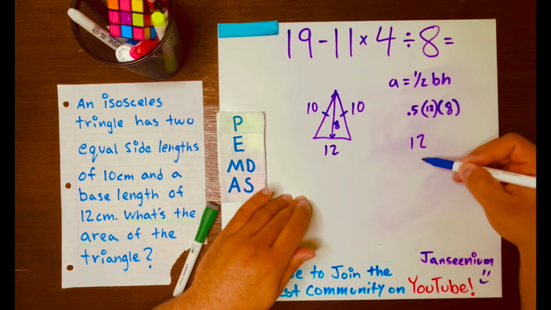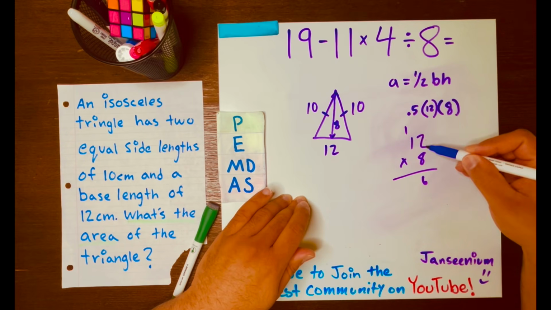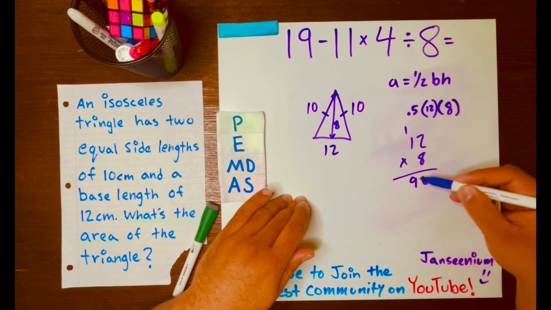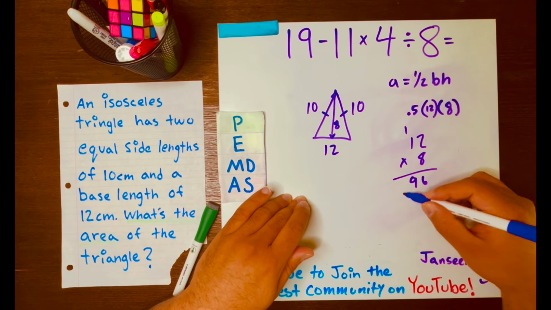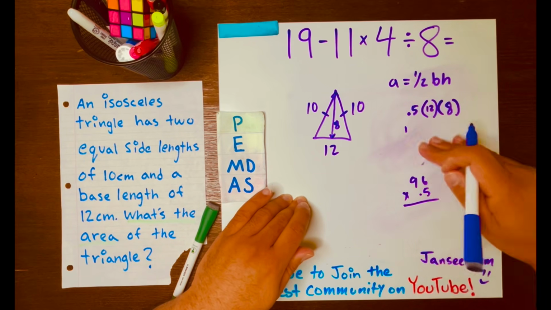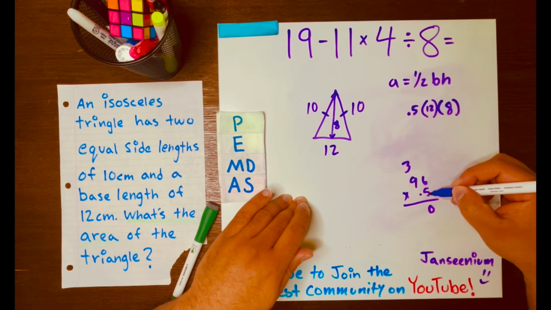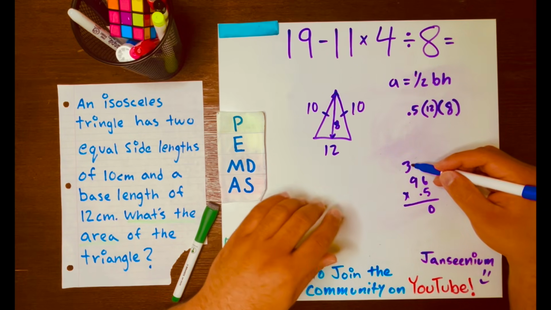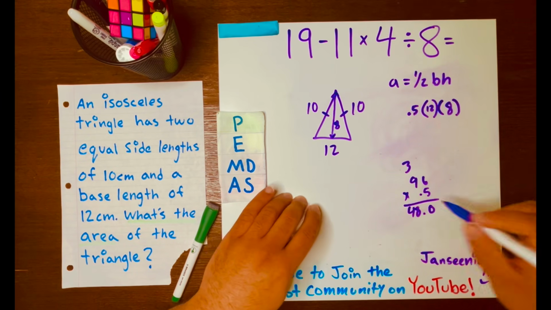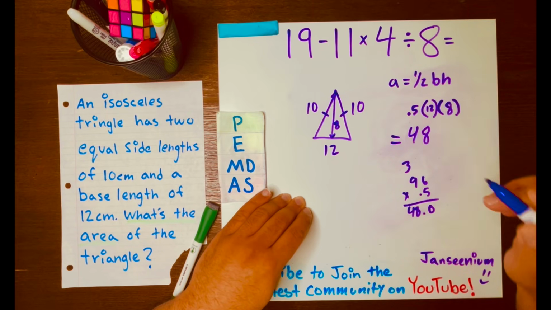So 12 times 8: 8 times 2 is 16, 8 times 1 is 8, plus 1 is 9. We have 96. And then you multiply by 0.5. So 6 times 5 is 30, and 9 times 5 is 45, plus 3 is 48. And so your area is 48.